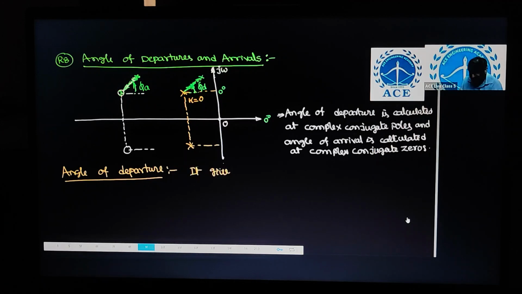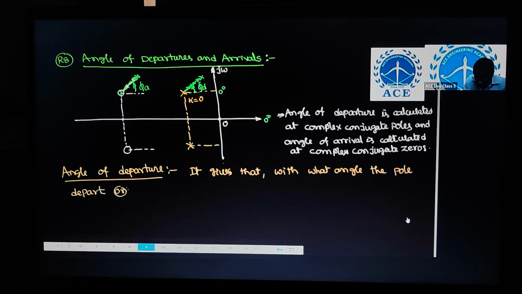It gives with what angle the pole departs or leaves from the initial position. From the initial position.